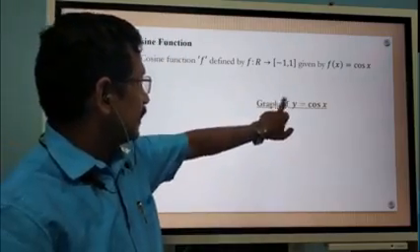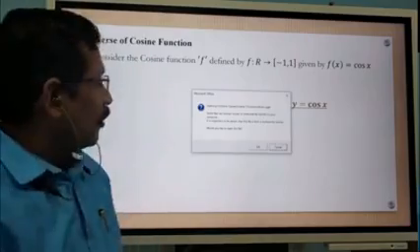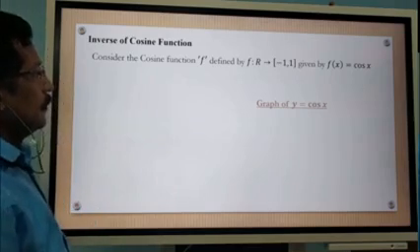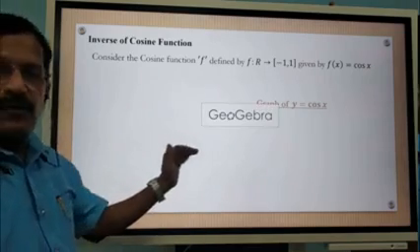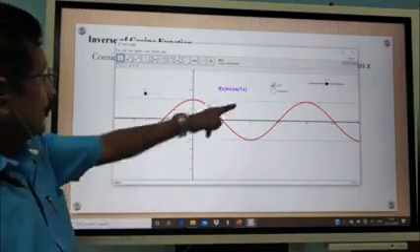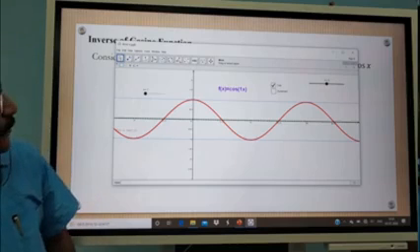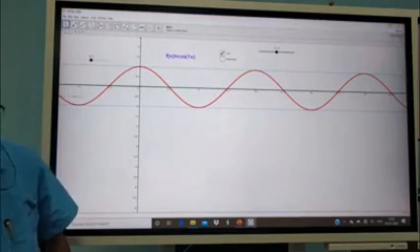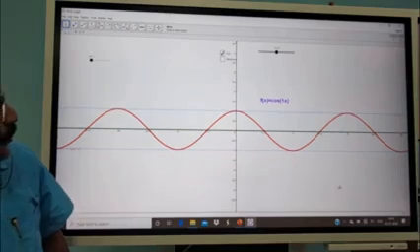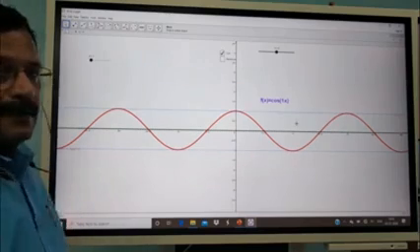Let us take the graph of y equal to cos x. This is the graph of y is equal to cos x, where the domain is the set of real numbers and the range is -1 to +1.